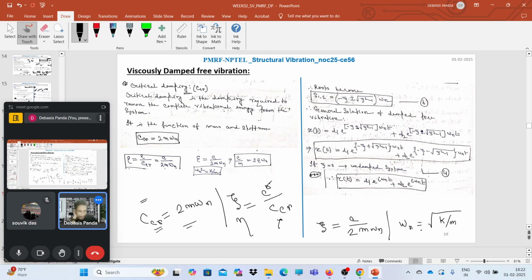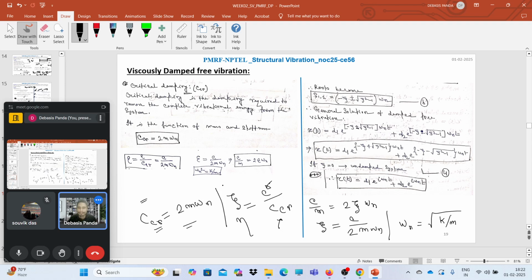From here, we can write C by m equals twice zeta omega n.